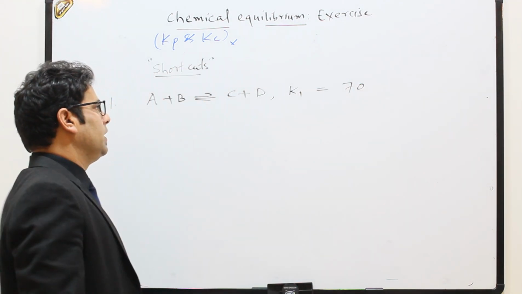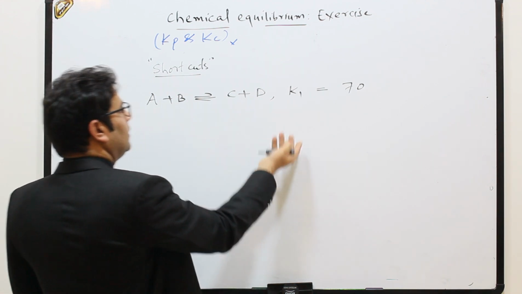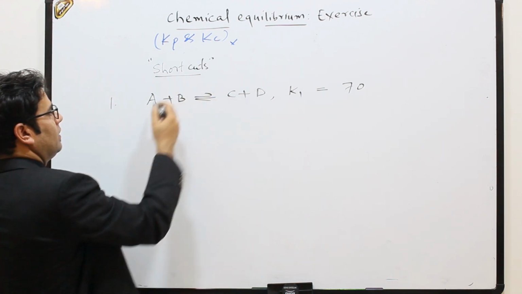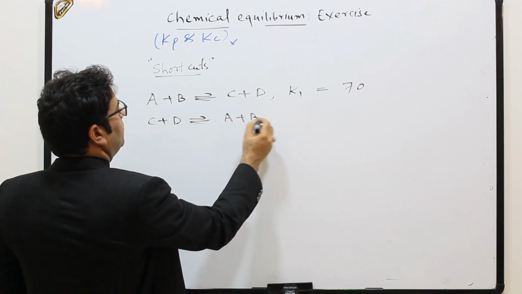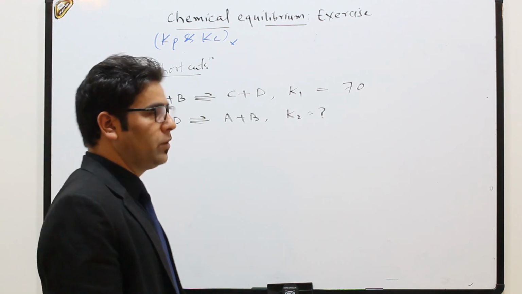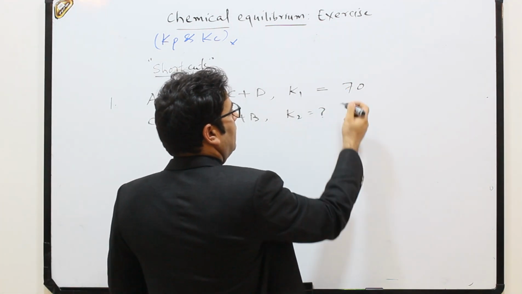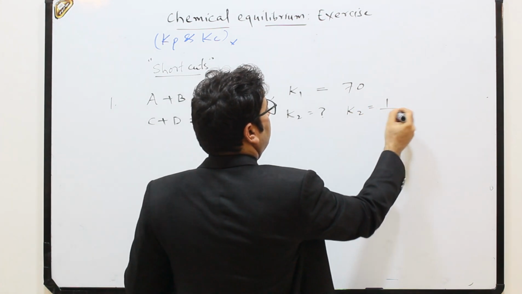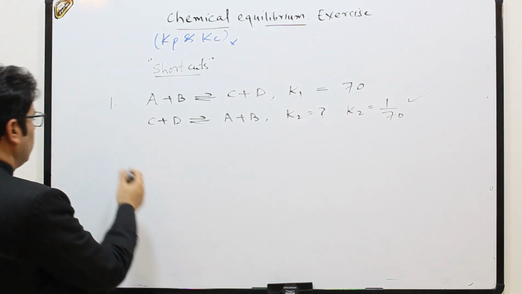Now in the problem it is written: give the K2 for the reverse reaction. So the reverse reaction will be C plus D gives A plus B. Now we have to calculate K2. The trick is just to take the reciprocal of this. So K2 will be equal to 1 over 70. This is the answer. Number 1.